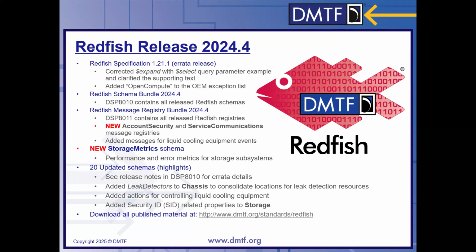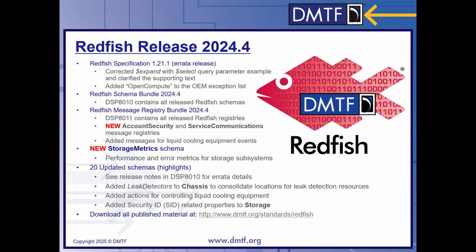That was done to try to consolidate where leak detection resources occur regardless of the type of product. As we expect folks looking for the output or the status of leak detection subsystems, we would like to be able to find those more deterministically. So we've added those links in chassis to make that possible.